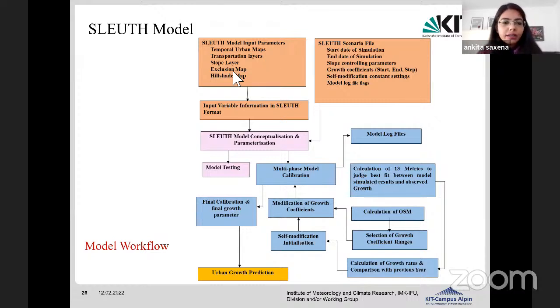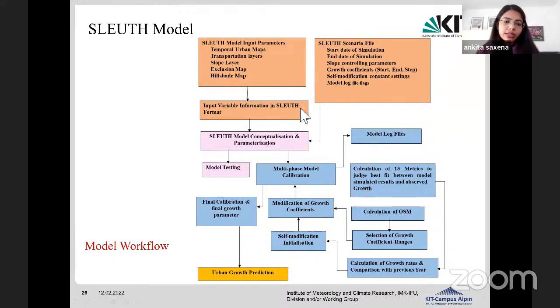There are also scenarios where you need to specify the start and end date of simulation, from which date you are starting your model simulation, and the end date until which you want to calibrate and further predict. Of course, it also depends on many parameters which control the urbanization calibration process, so those also need to be specified here.